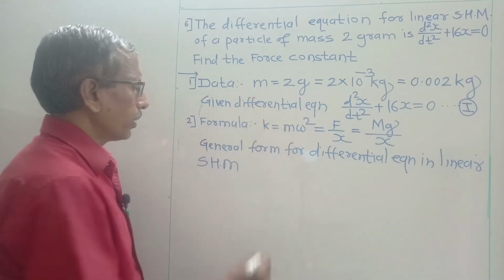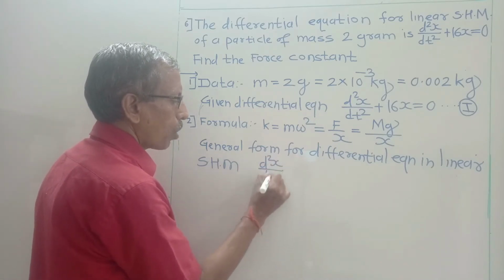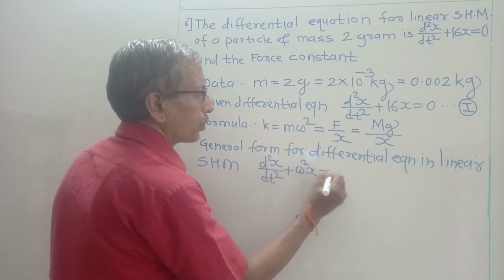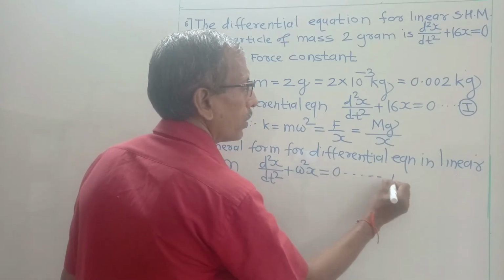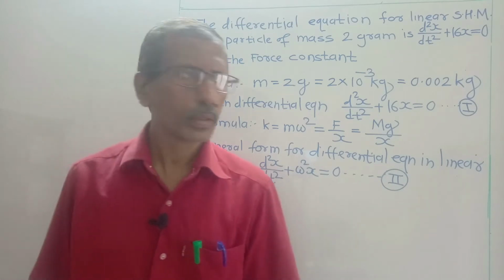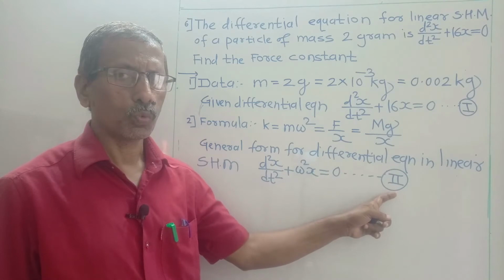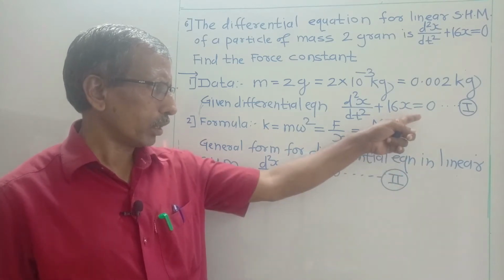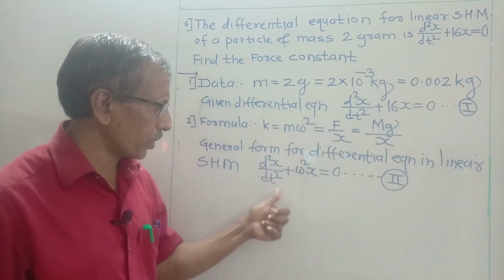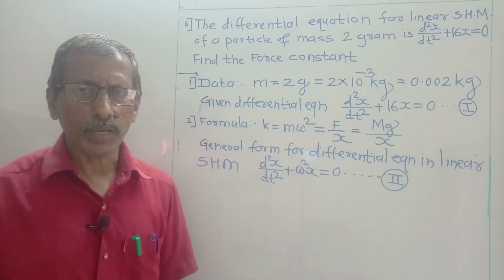We know that the differential equation is d2x upon dt square plus omega square x is equal to 0. This is equation number 2. So compare equation number 1 with equation number 2. A particular differential equation is given. Compare this differential equation with the general differential equation of a particle performing linear SHM.